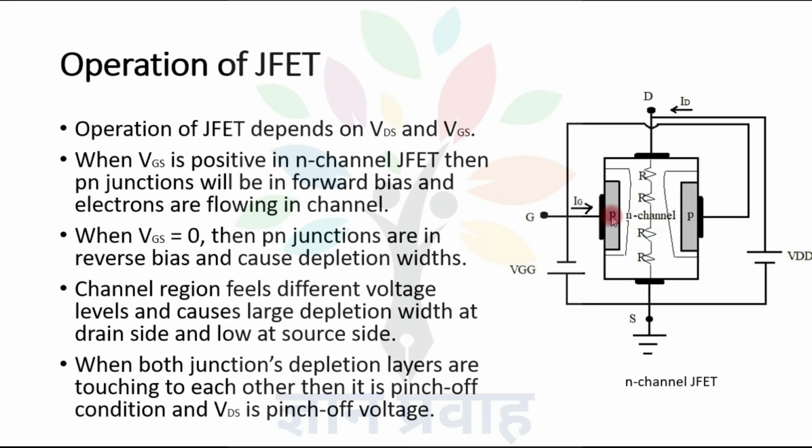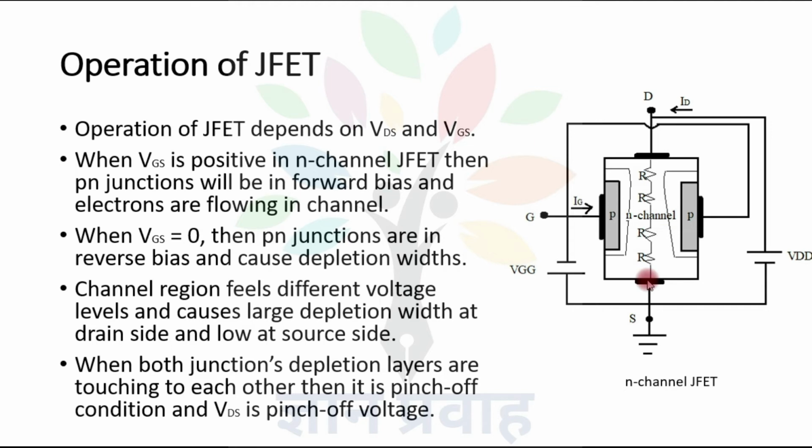That's why it creates a depletion region between the PN junction diode, both sides, and the width is large. So by increasing VGS voltage in reverse, the width of the depletion region increases. And here we are simply showing the nature of the depletion region width. Depletion width is large here and less here, or less at the source side.